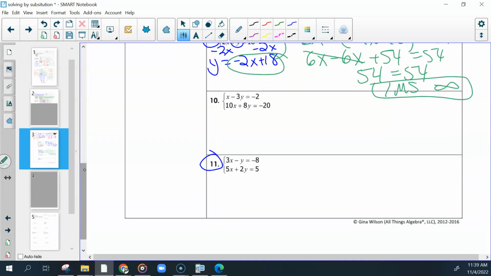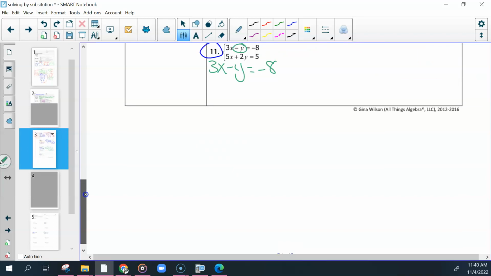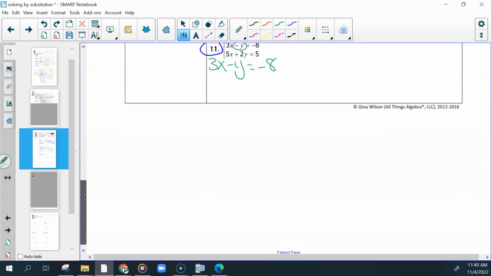Okay, let's do 11. Same process. But now we have a negative y, so we're going to have like one extra step to get y by itself. So still move your x over. But what would I do here to get y completely by itself?